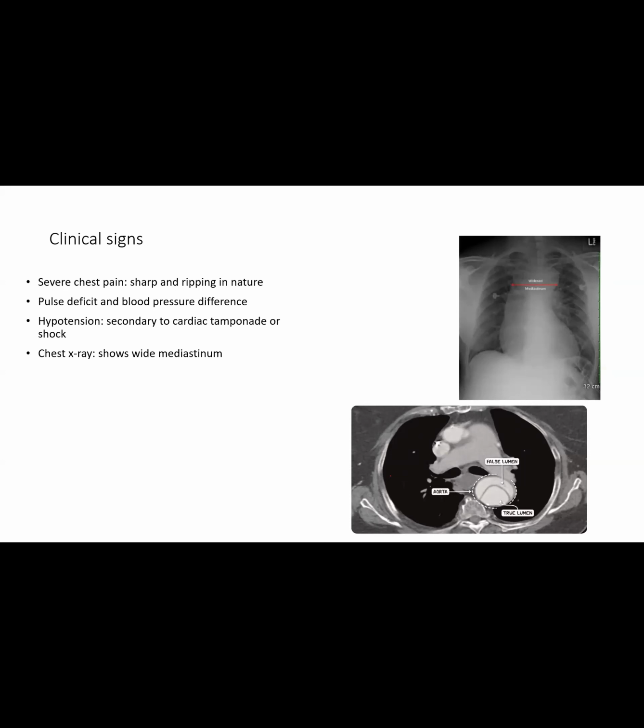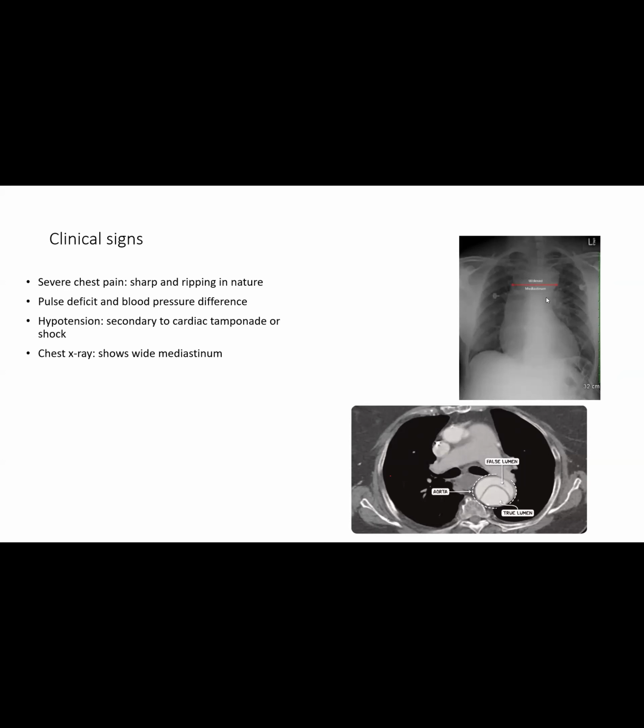It may be spurious due to branch vessel occlusion, or it may be a sign of cardiac tamponade, aortic regurgitation, or hypovolemia from aortic rupture. And this is a normal chest x-ray.